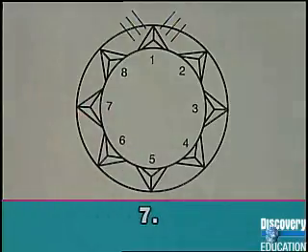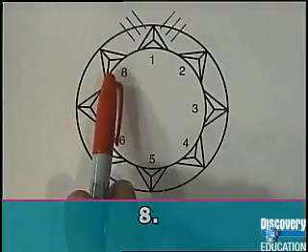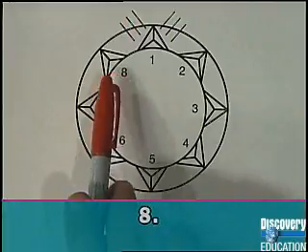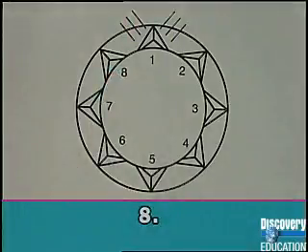Write the letter of your response next to number 7. One left here. Number 8, you should have one answer left. See if that matches up. Write the letter of your response next to number 8.